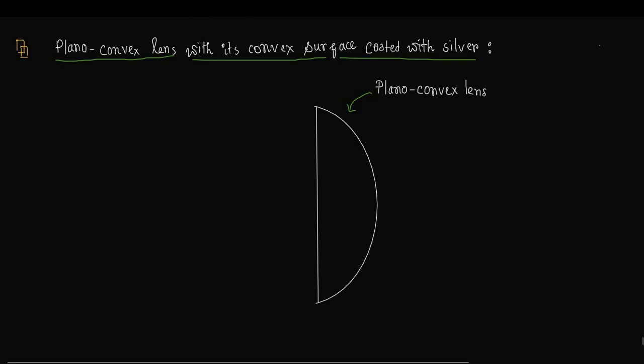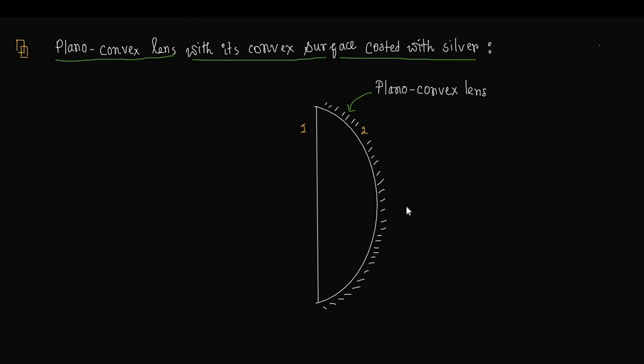This is a plano-convex lens. We should now consider the plano-convex lens with its convex surface coated with silver. Now the second refracting surface of the plano-convex lens, that is the convex surface, is coated with silver.